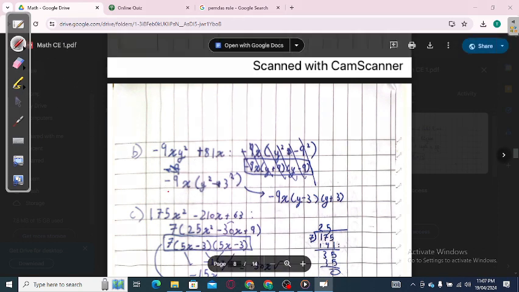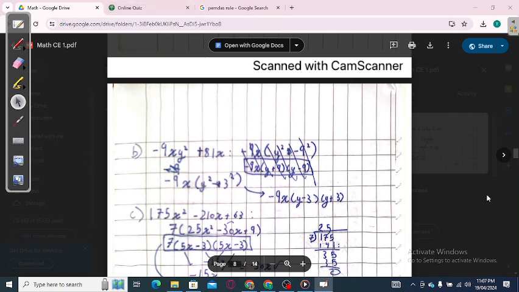This is your primary factor, as I like to call it: negative 9x into y squared minus 9, or 3 squared. Again, difference of squares. Straight away you get 3 squared. So negative 9x, y minus 3, y plus 3. That's it. If you have difference of squares, please use them.